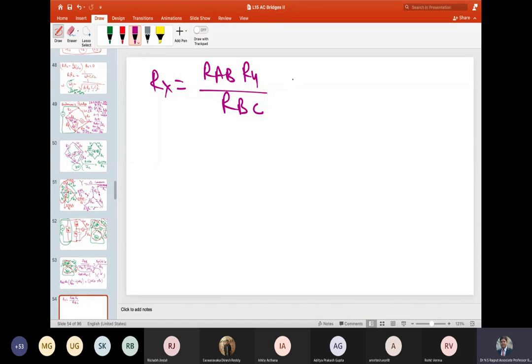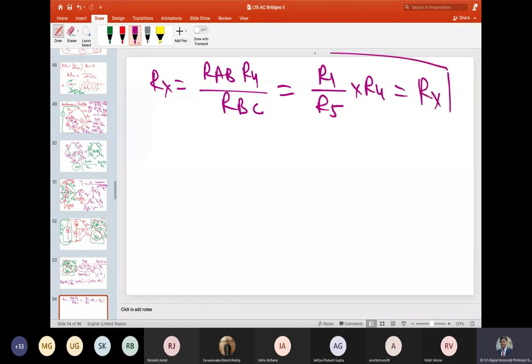And you see RAB and RBC, both of these had numerator common, so that will cancel off. And what remains is R1 by R5 into R4 is equal to Rx, and therefore now this is your one unknown. So resistive component now we have measured, calculated correctly.